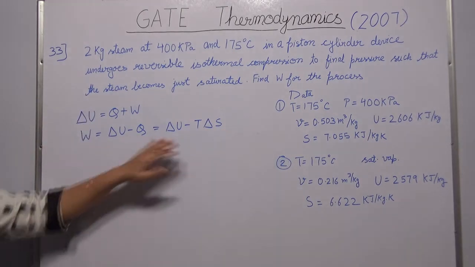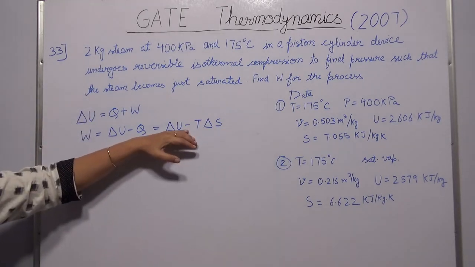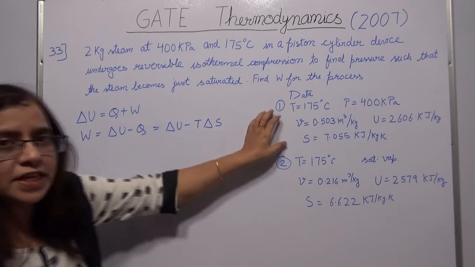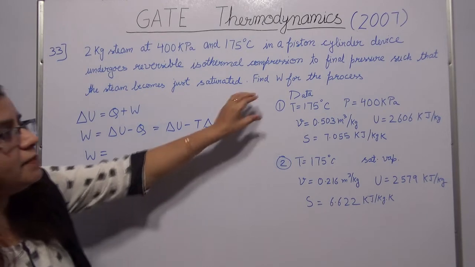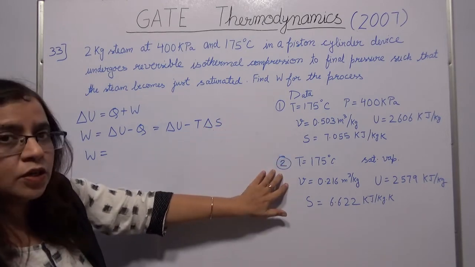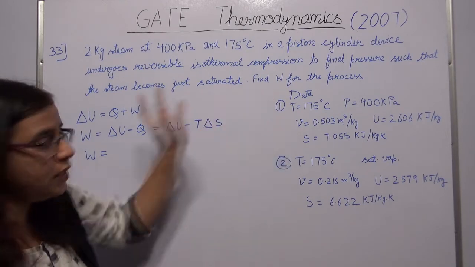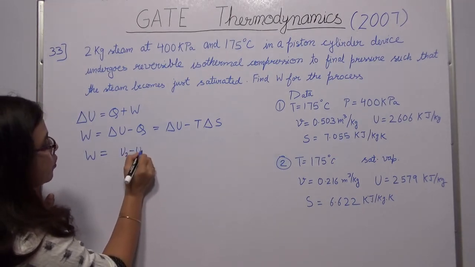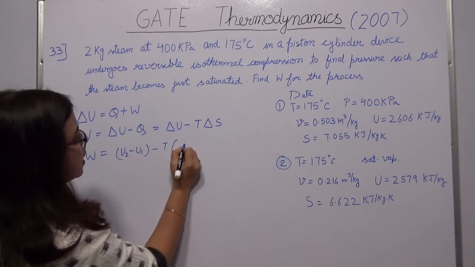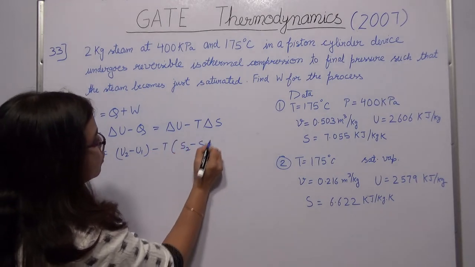So in this equation, I can calculate delta U and delta S from the data set which is given. So W is equal to, let's say my final condition is 2 and my initial condition is 1, delta U as U2 minus U1, minus T times S2 minus S1.